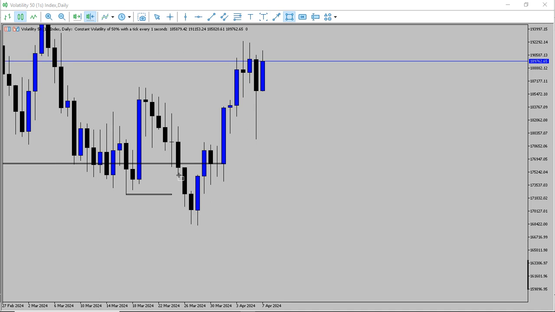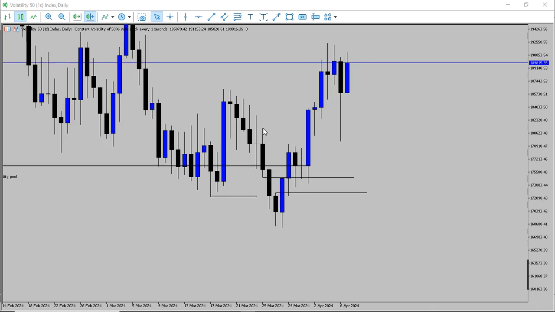We have inefficiency right here, and trying to sell from there is not advisable. It's risky because it's at a discounted price, right? All of this was liquidity, price trading in liquidity pools, straight lines, stuff like that. So it got violated and it traced backwards to the imbalance. It got rebalanced. I learned that from Ron.